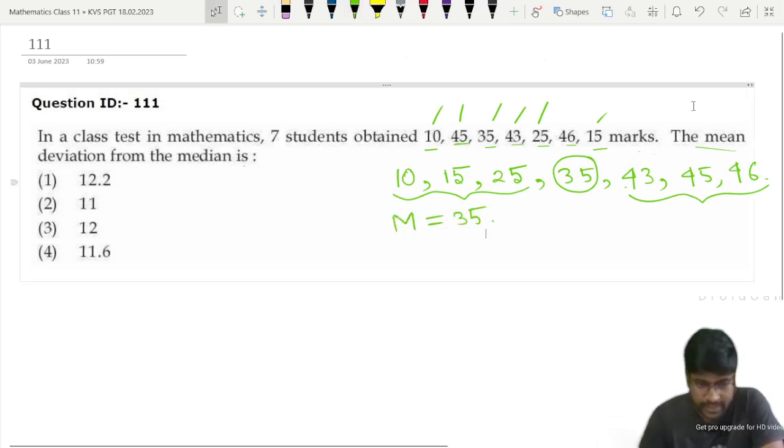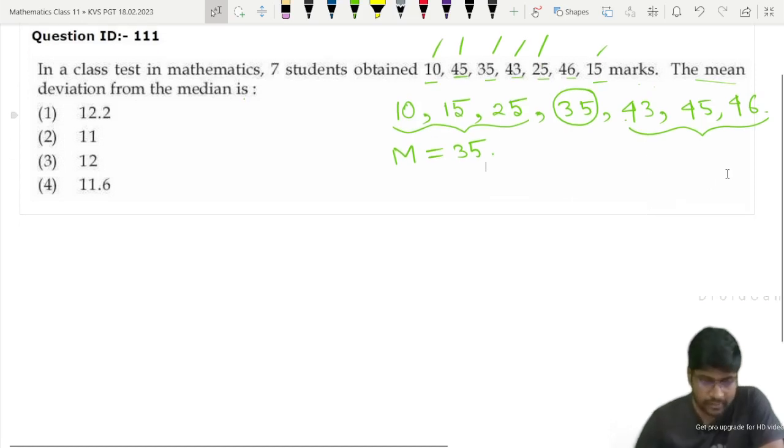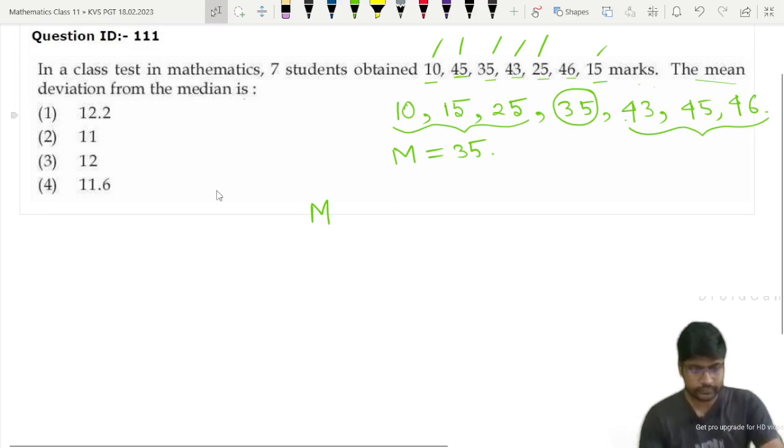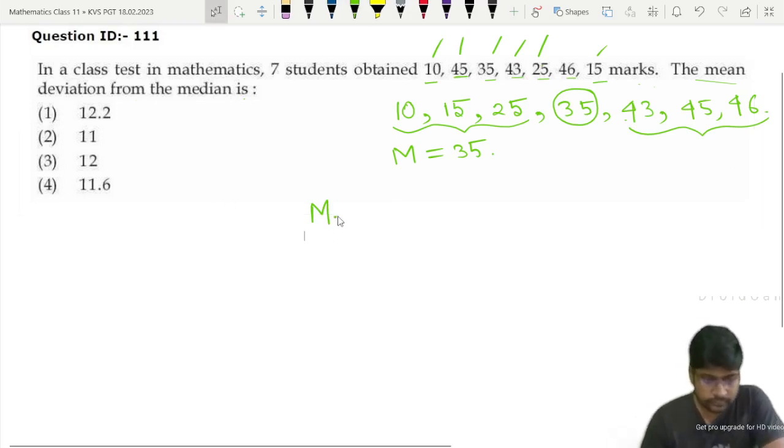Now we have to find the mean deviation from the median. What is the formula for that? Mean deviation about the median. Mean deviation I am writing MD.